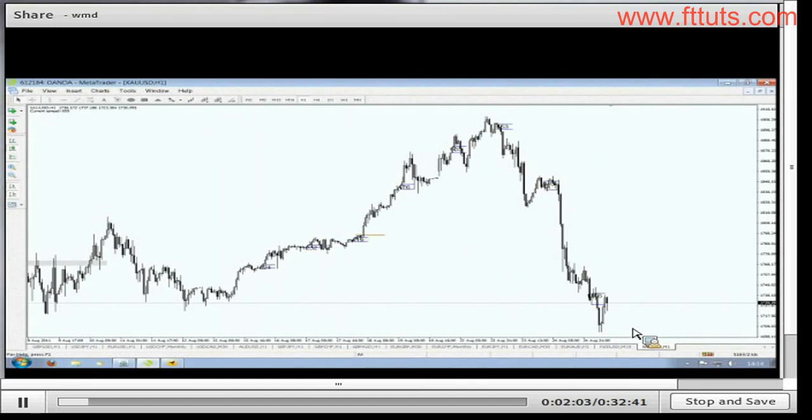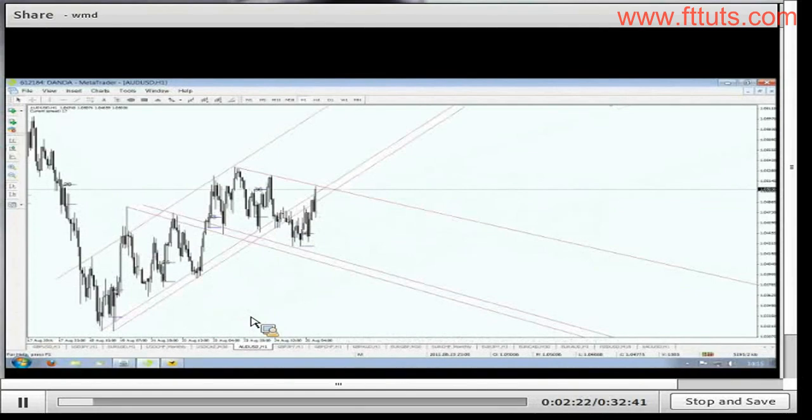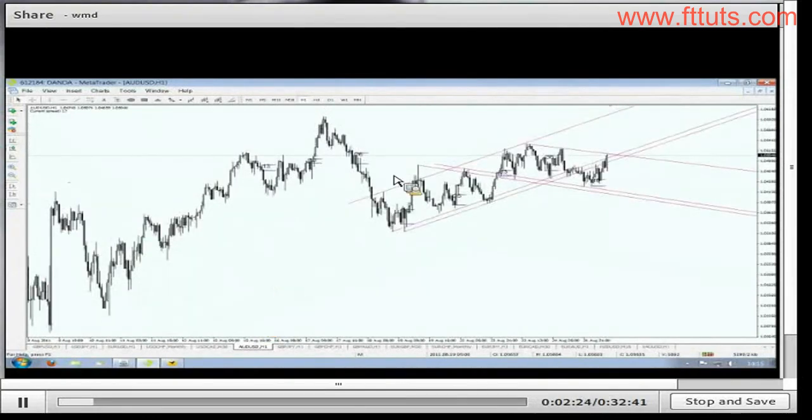Which is that I had drawn a lower channel line. Okay, I had a lower trend line. The price broke below that trend line. Okay, I also had a support resistance trend line which was drawn connecting the high here and the low here.